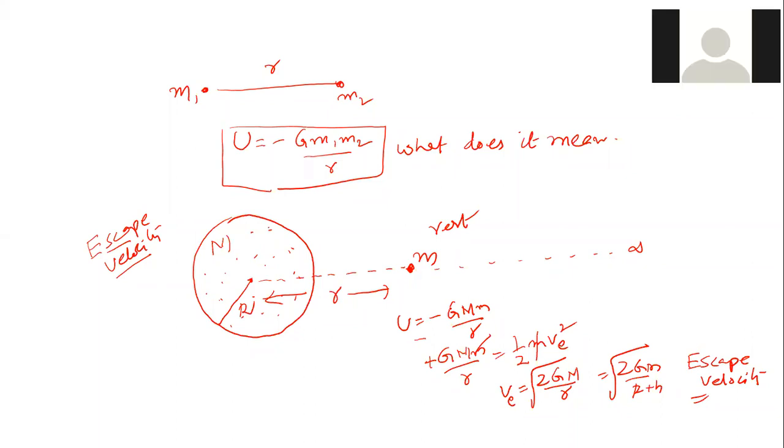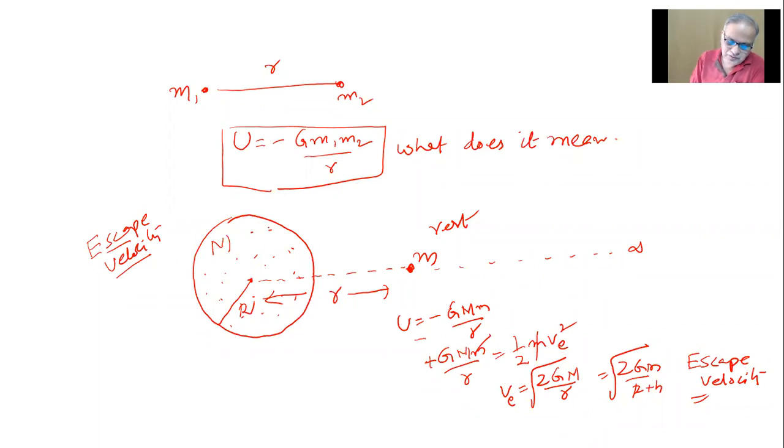Because we said U2 will be 0. The kinetic energy of the body will increase, no? Yes, sir. So how did the kinetic energy increase? By potential energy decreasing.